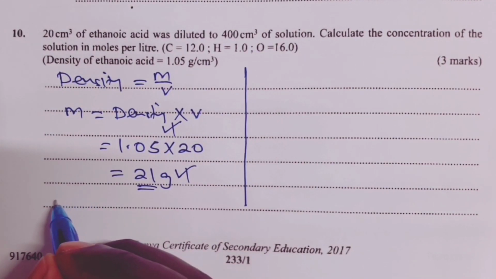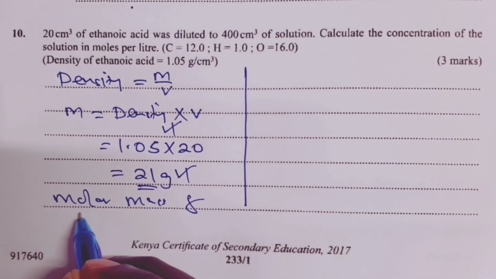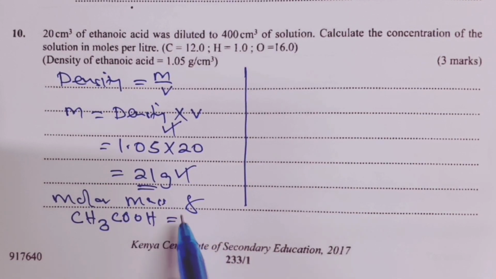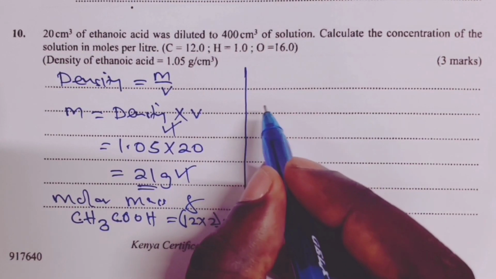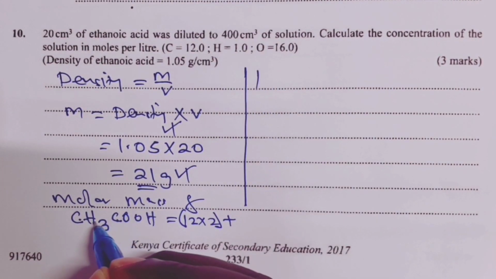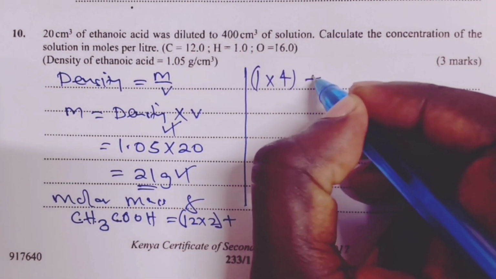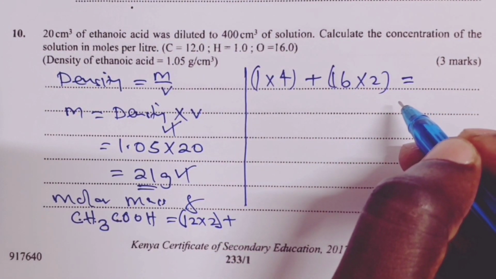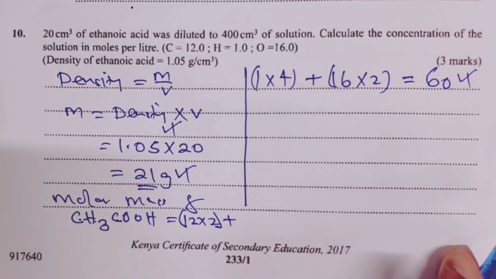From here, a candidate would now calculate the molar mass of our acid, CH3COOH. So this would be 12 for carbon, appearing twice, added to 1 for hydrogen, multiplied by 4, because hydrogen appears 4 times, and this we shall add to 16 for oxygen, appearing twice. That would give us the molar mass of our acid as 60, and that would score our next half mark.